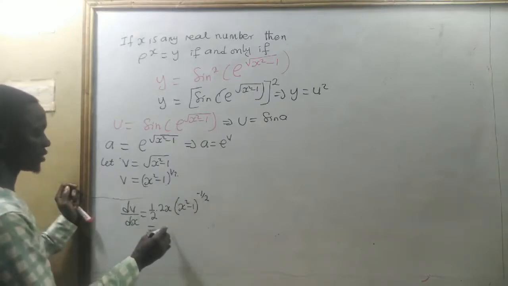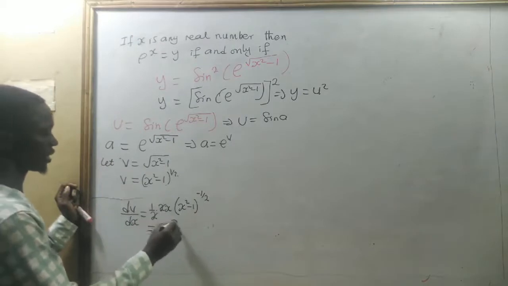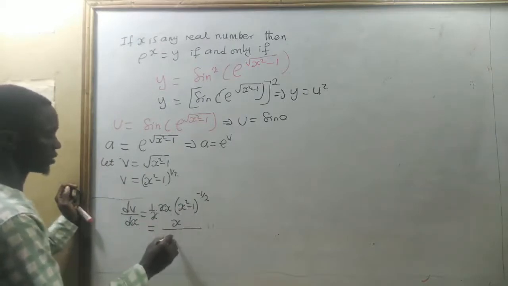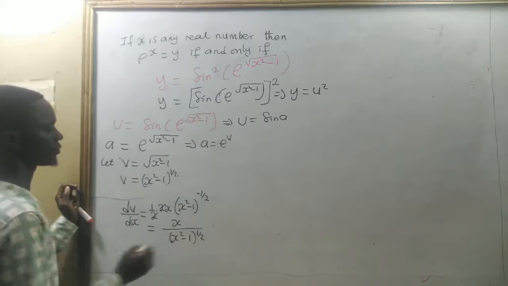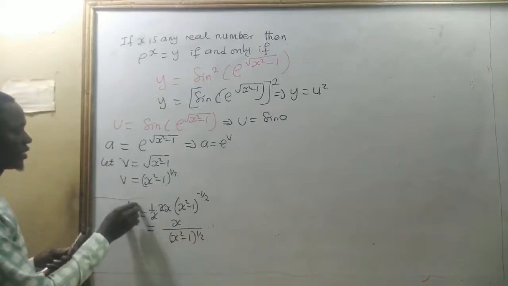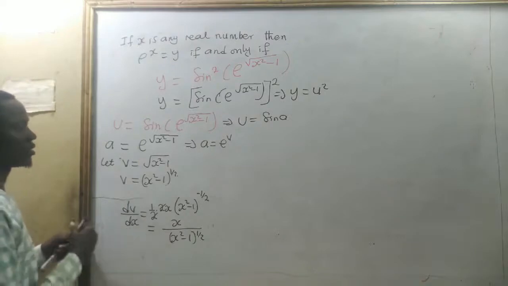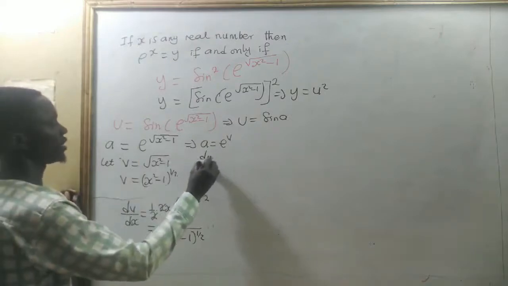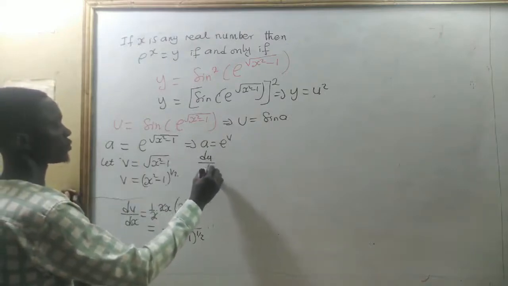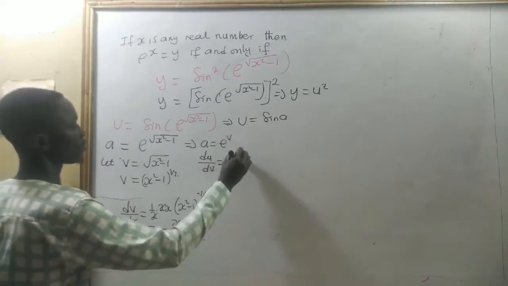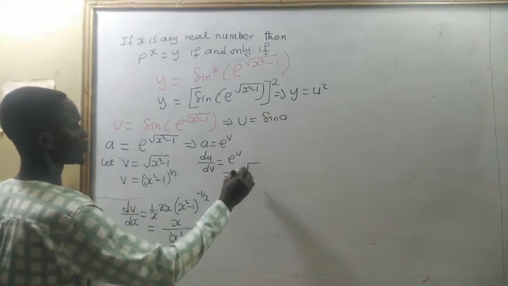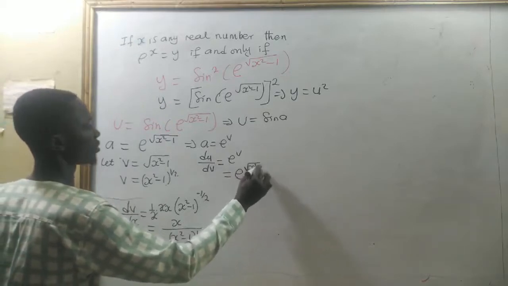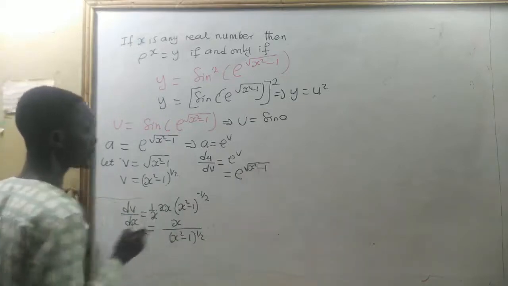And this will cancel this. We have x divided by (x squared minus 1) to the power half, that is dv/dx. Here, the derivative of A with respect to v is the same, e to the power v, and that will give us e to the power square root of x squared minus 1.